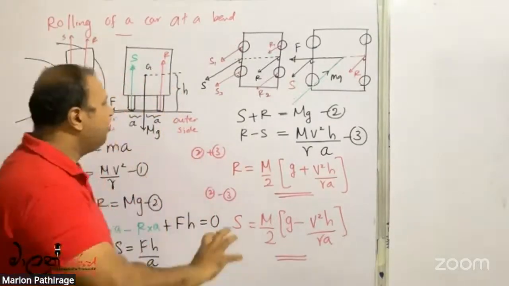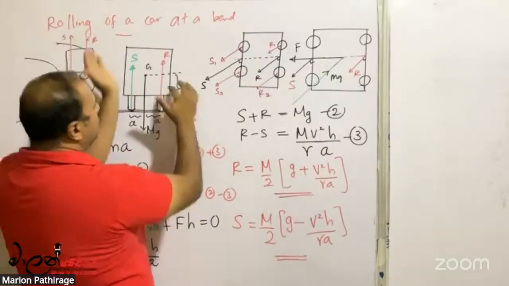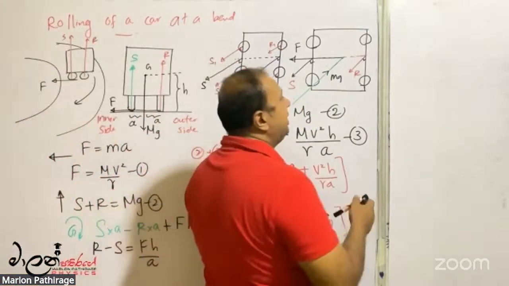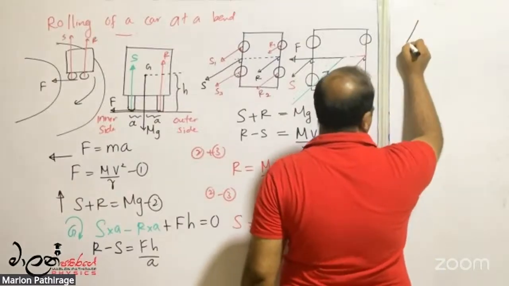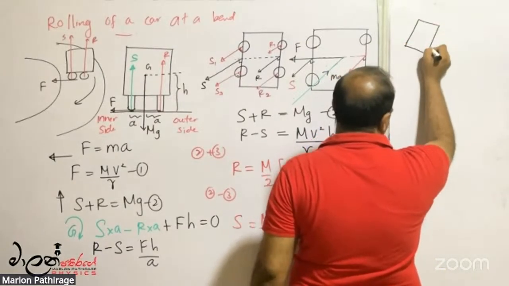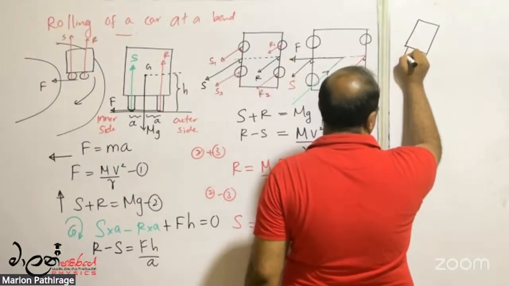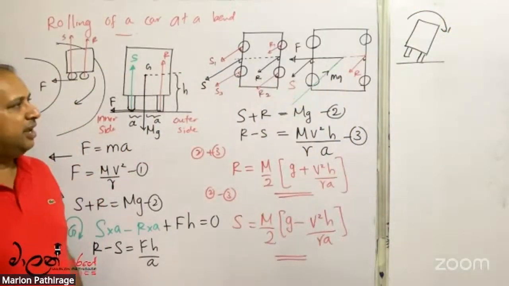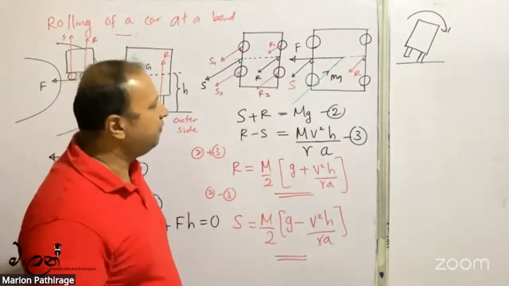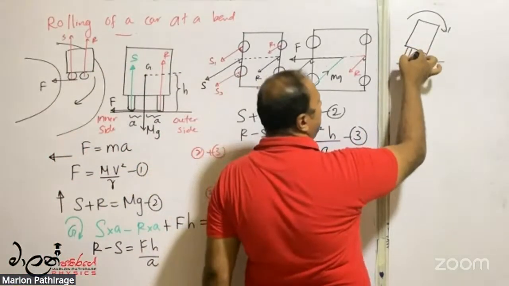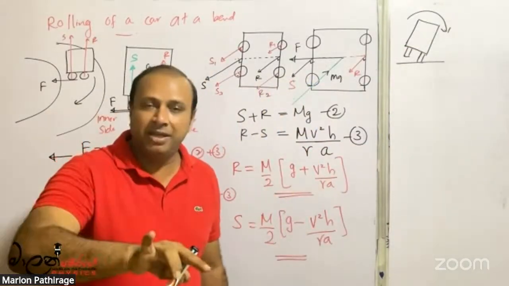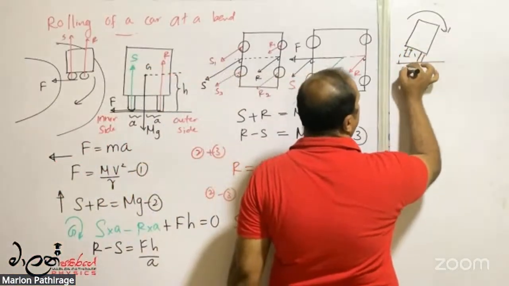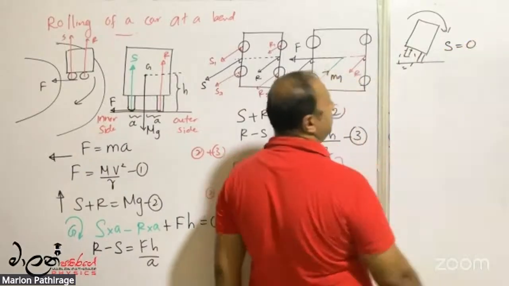If the car rolls clockwise, that means in the outward direction, the contact of the inner tires will be lost. That means S will be 0. Is that clear?